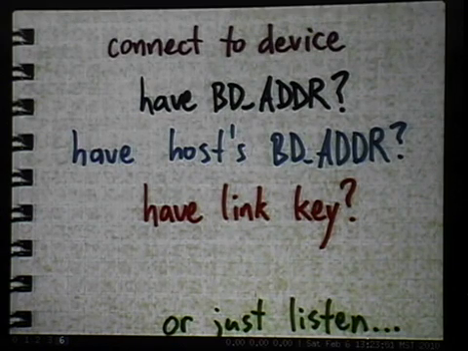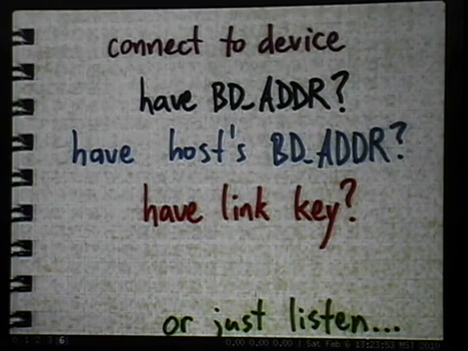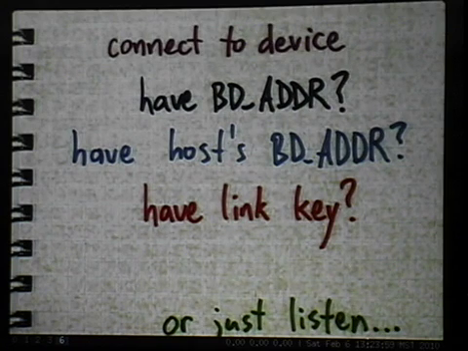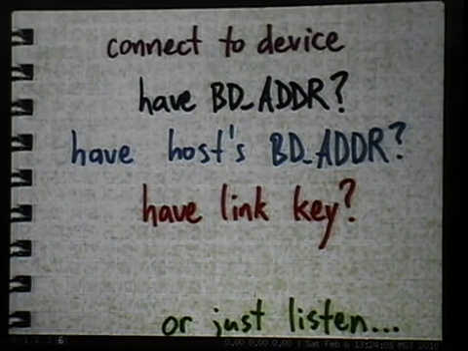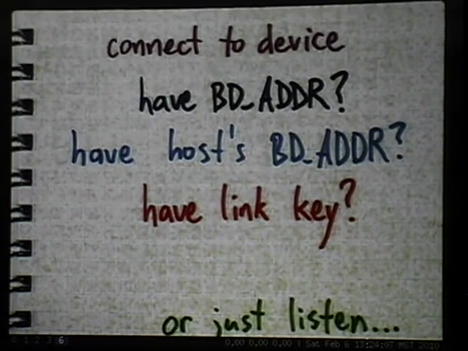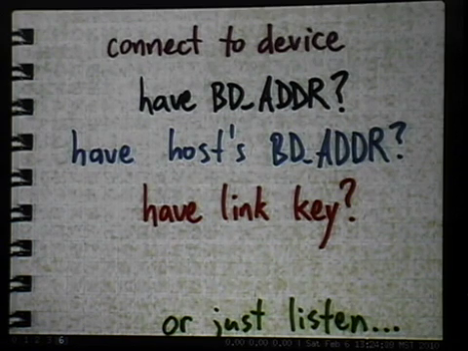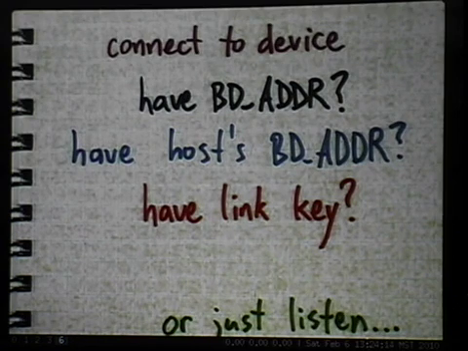One of the things we could do if we have just plain off-the-shelf dongles and HCI layer tools is to try connecting to a device directly. That means connecting to the keyboard. You can initiate a connection to that keyboard if you have its address. You can initiate a connection to the keyboard while spoofing the host's address if you also have the host address.